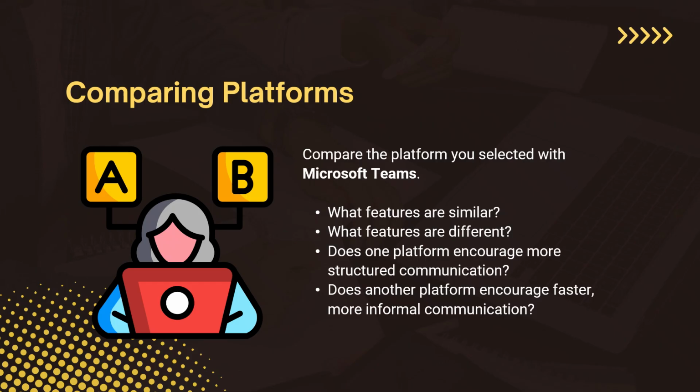Does another platform encourage faster, maybe more informal communication? For example, some platforms are designed primarily for quick messaging and ongoing conversations, while others might emphasize more scheduled meetings and formal collaboration. These design choices influence how people communicate in professional environments.